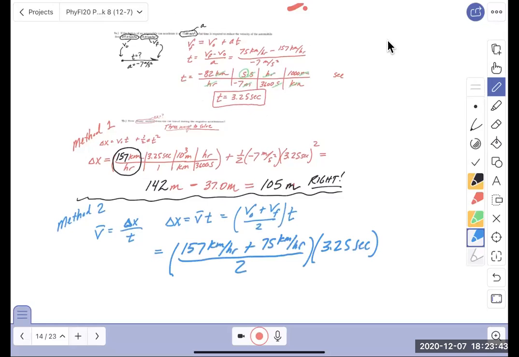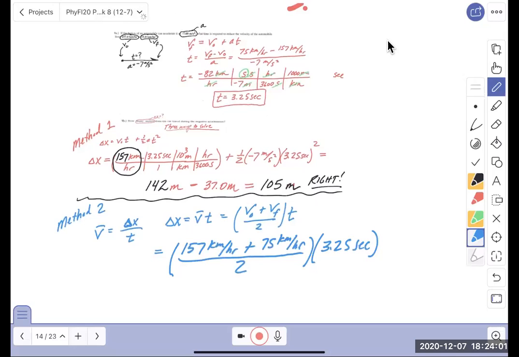The unit abbreviation for per hour is just h, but I put hr. Taking the average of those two, 75 plus 157 divided by 2 is 116.